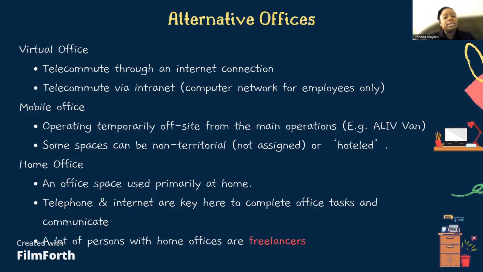What happens then in some instances is companies invest in a network that allows their staff to communicate internally. And normally we call that an intranet, where you have computers in a workspace that can communicate with each other in that particular space.